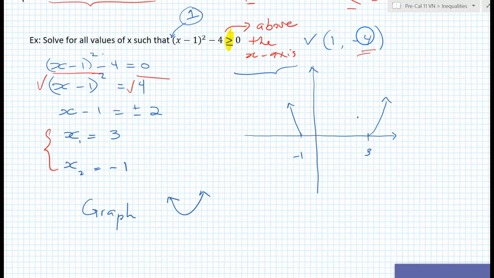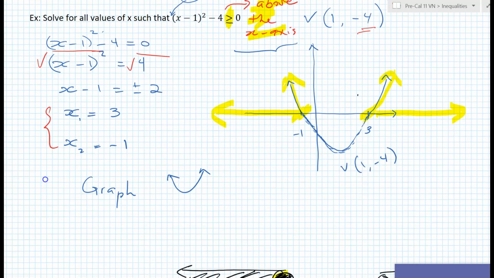You already know the vertex, but you don't need to know the exact value. What matters is your two x-intercepts. When it says above the x-axis, that means the part of the graph that is above. That means all of these values of x to the left of negative 1 and to the right of positive 3 are part of the solutions.